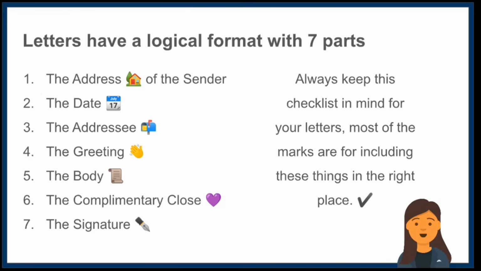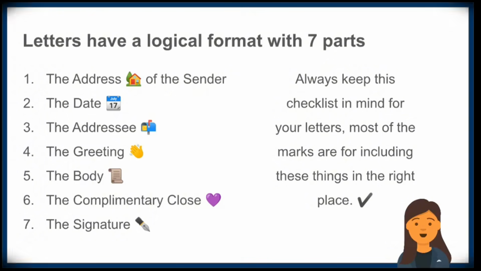The greeting is Dear whoever. The body of the letter is the information that's in it, literally the message. The complimentary close is the yours sincerely, yours faithfully, yours respectfully, that sort of thing that comes before the signature. And the signature is the name of the person who is sending the letter to authorize that, yep, I'm sending this letter.